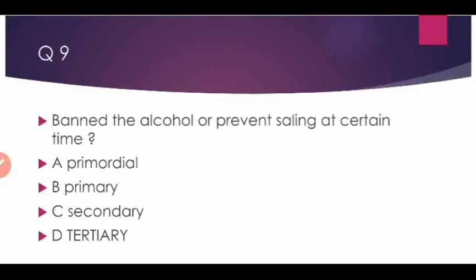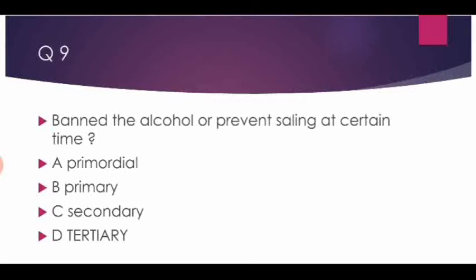Most students have a doubt about primordial level of prevention and primary level of prevention, so let me clear it. Primordial prevention emphasizes a broad sphere of influence compared to primary prevention, which targets the individual response to a risk factor. In primordial prevention, our target is a large group, like a country, and in primary prevention, our target group is the individual response to a risk factor.